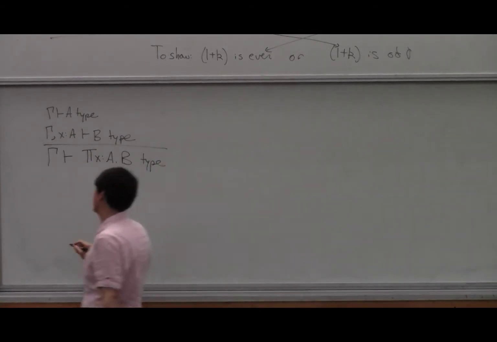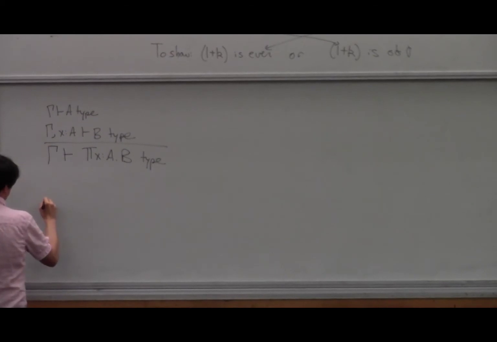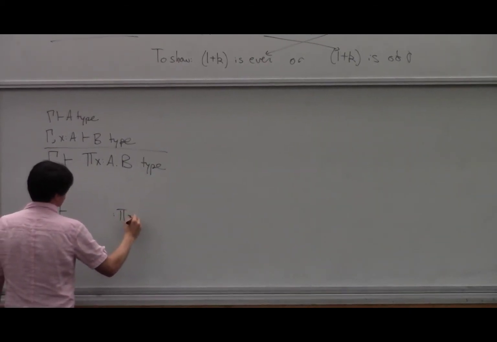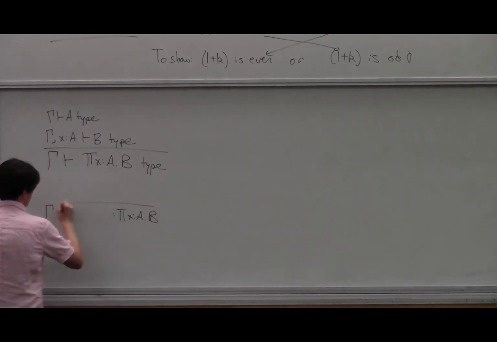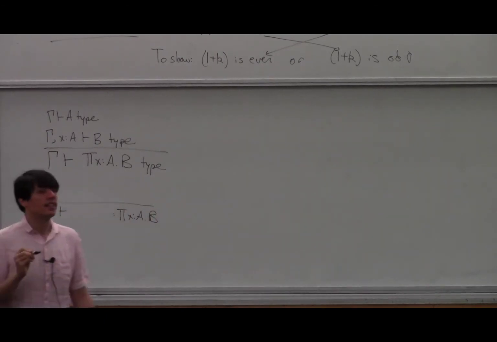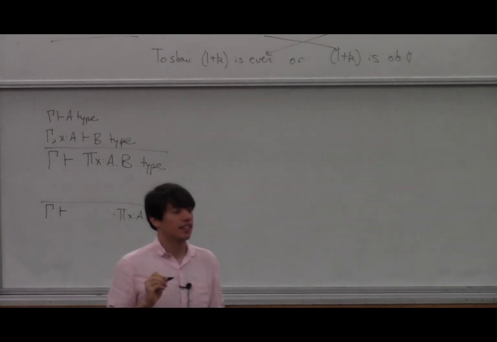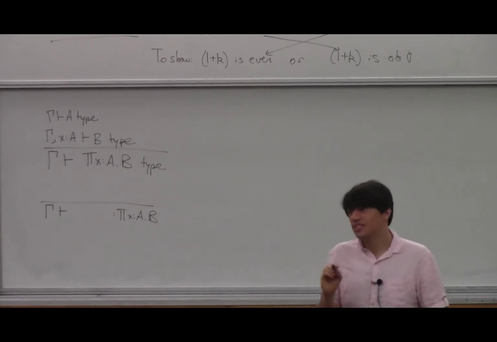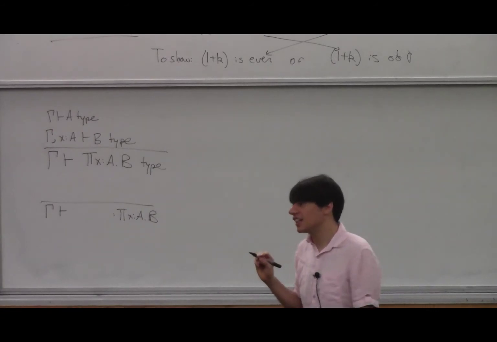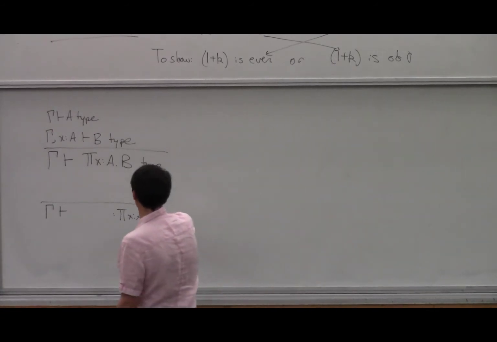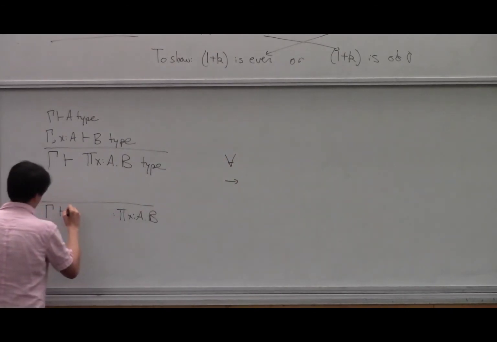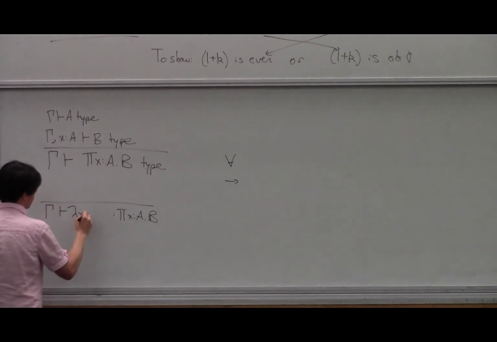Okay, so now what should an element or a term or a program that has type pi x colon A dot B be? Hopefully we're getting pretty good at seeing that things that look like "for all" or arrows will have some kind of function as an element.